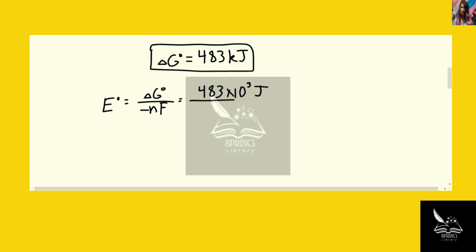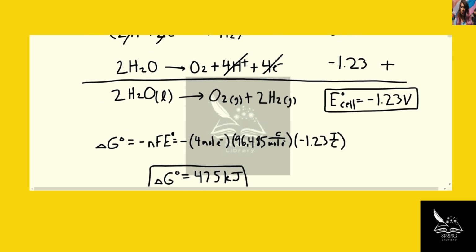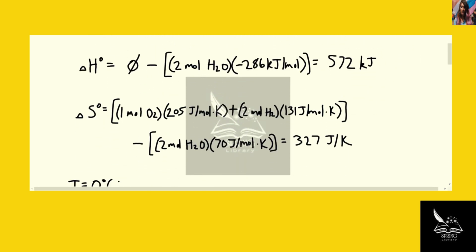So we have joules divided by negative N, which again was 4 moles of electrons, times Faraday's constant, 96,485 coulombs per mole of electrons. And so that cell potential at standard conditions at 0 degrees Celsius comes out to about negative 1.25 volts. We compare and see that that is close to the actual value, negative 1.23 volts.